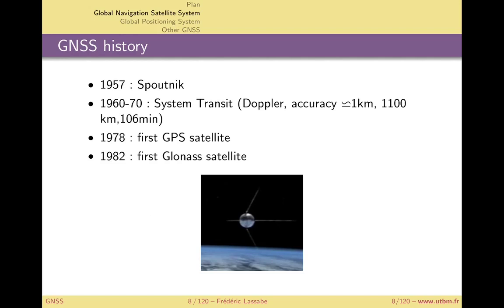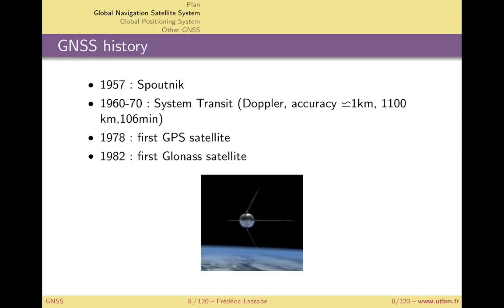So the GNSS history is strongly bound to space exploration, because putting satellites in space requires knowing how to go to space. So 1957, Sputnik, the first satellite, it was a USSR satellite.